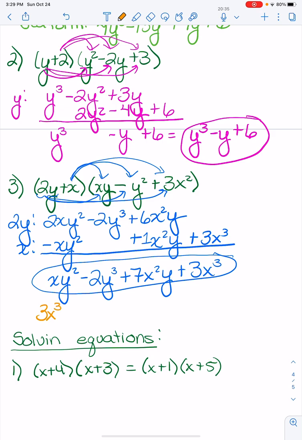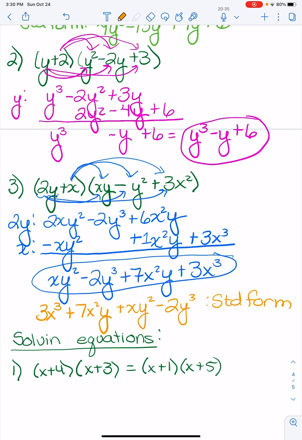3x cubed. Now I'm going to go for my x squared term, plus 7x squared, and we introduce a y there. And then we're going to descend x again, and watch how y ascends just naturally, minus 2y cubed. So this would be standard form for this guy.